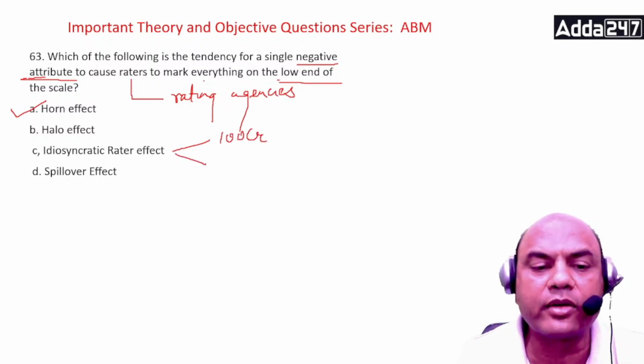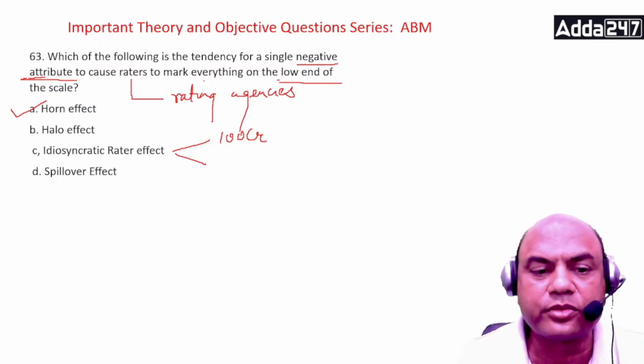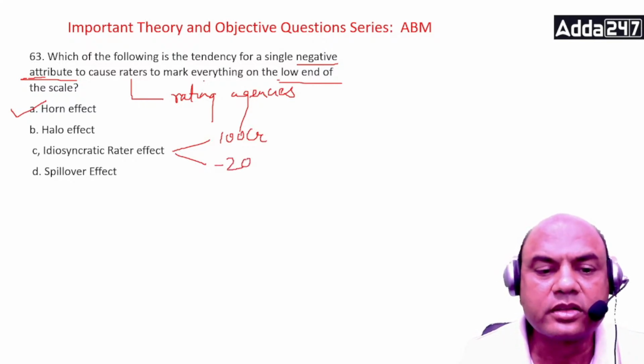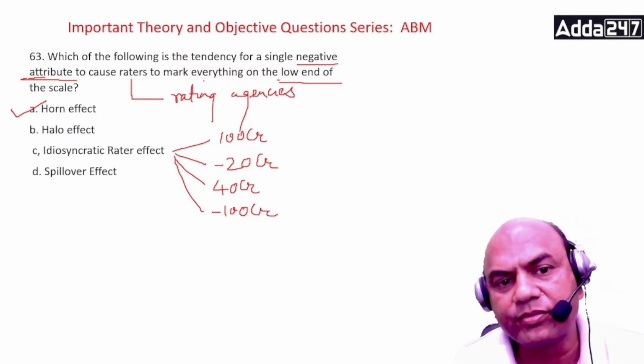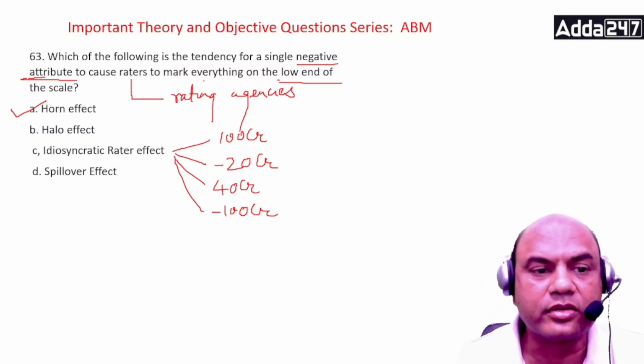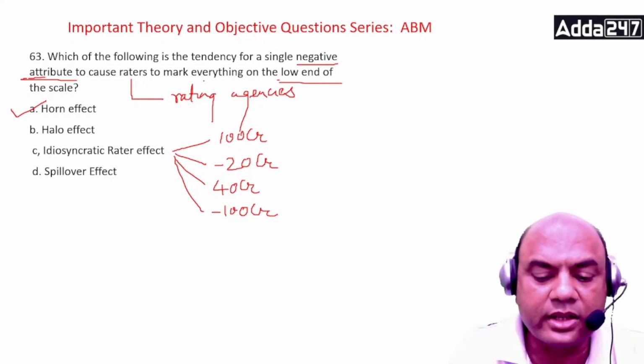Next year I have a loss of 20 crores. Third year I have again a profit of 40 crores. Fourth year again I have a loss of, let's say, something like 100 crores. So this is called idiosyncratic, unusual behavior.